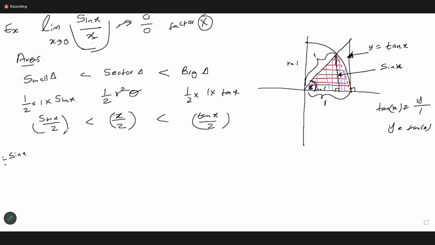Before that, you can see in this, you can remove this part also. In each and every one, you have a half. So you can remove this one and write a simplified version of this. Then after that, I'm going to divide all the terms by sin x, right?